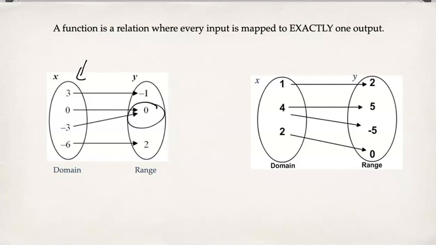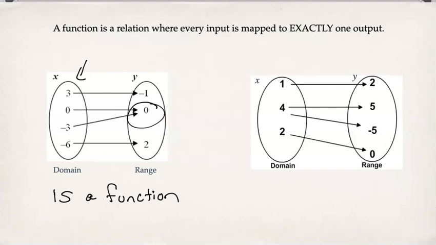It is okay to share a number, right? As long as I know that 0 goes to 0 every time, it's okay that -3 also goes to 0 every time. So this is a function. And it's a function because every input goes to exactly one output.